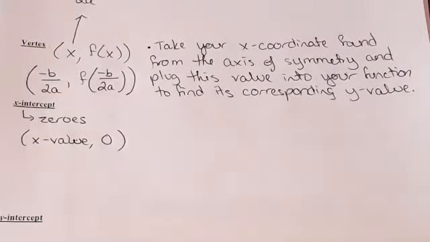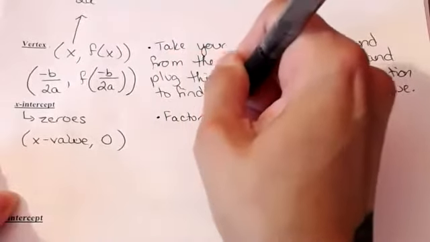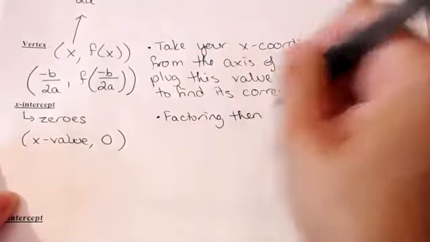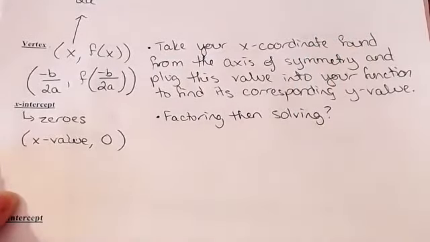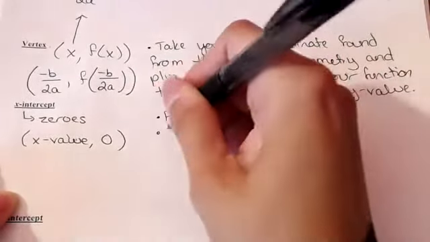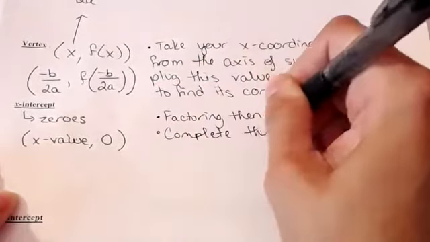And the only way that we can do that with a quadratic function is we can consider maybe factoring then solving. That might work. Or we can say, maybe that's not going to work. Let's complete the square.